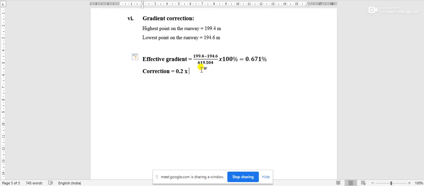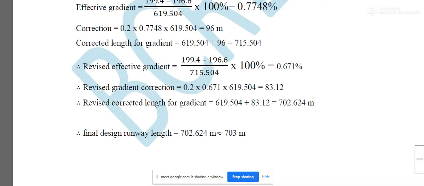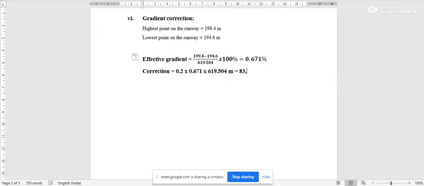For 1%, that means 0.671 is the percentage of effective gradient, and 619.504 is the runway length after getting corrected for temperature and elevation. This is equals to the value 83.12 meter.